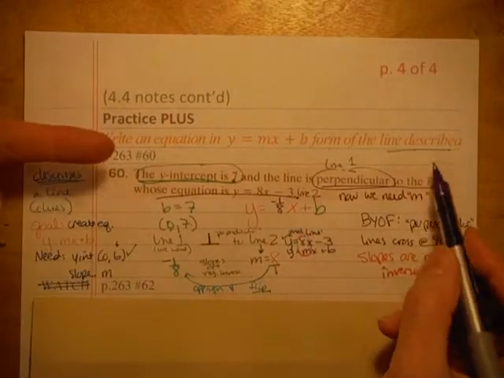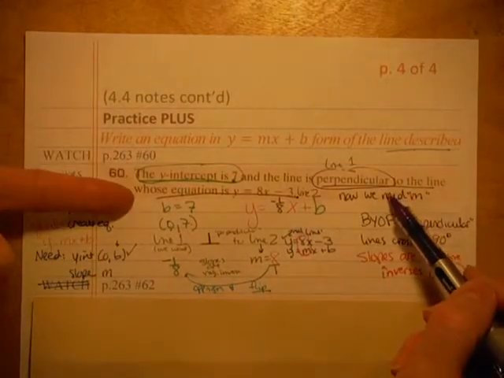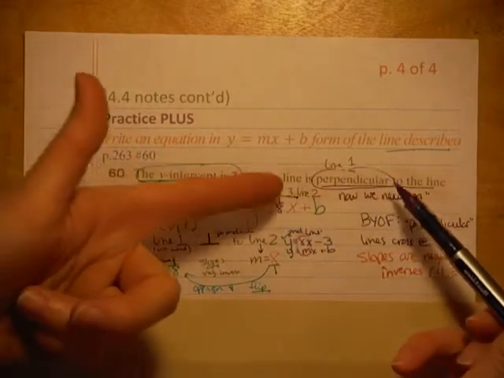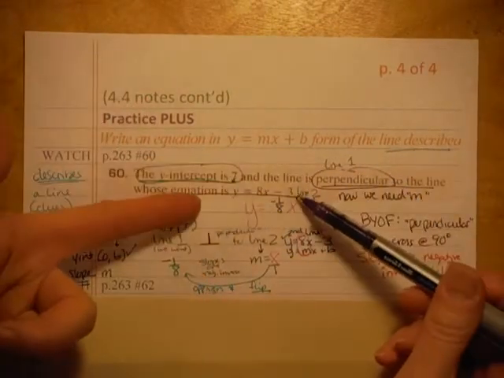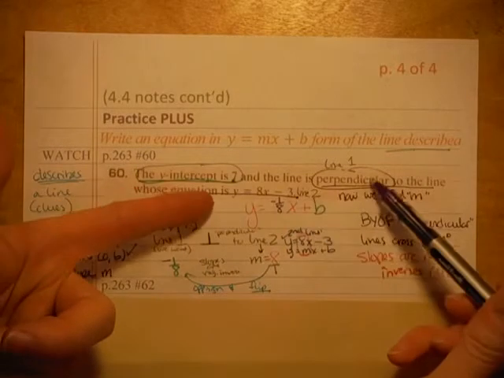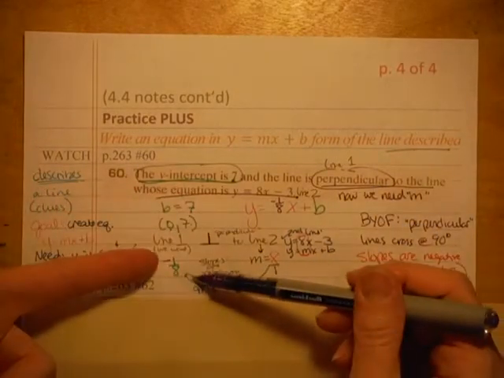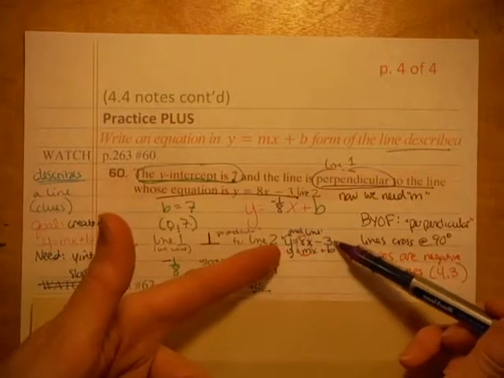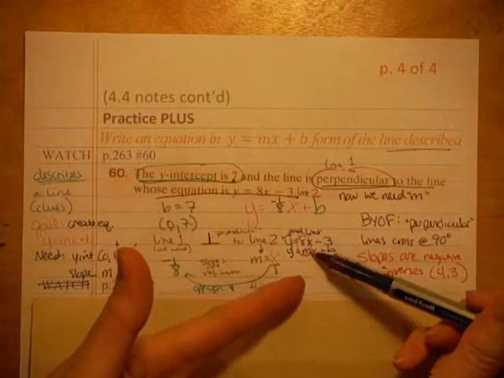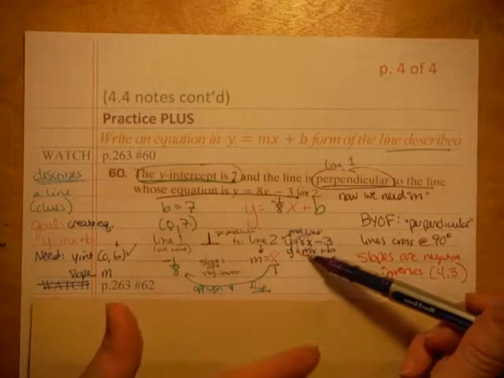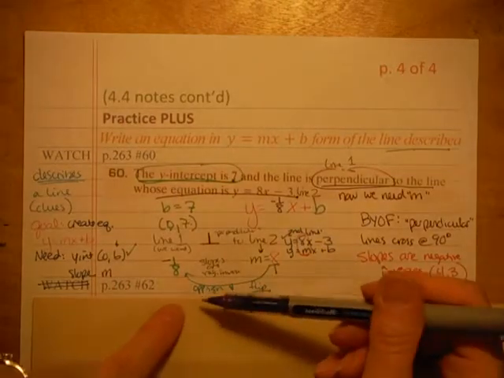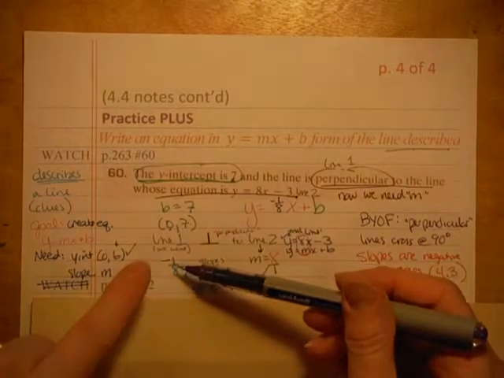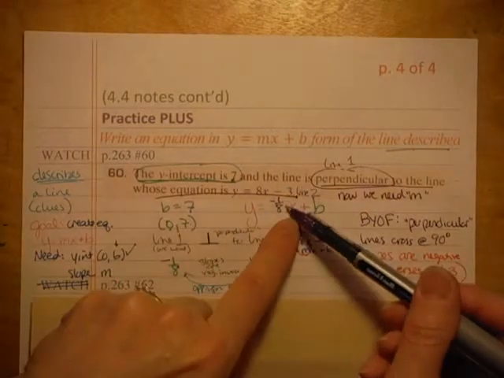Okay? So they gave us some clues. They just gave us the intercept. And then they told us that it was perpendicular to the line. So we took our knowledge of perpendicular, it's a negative inverse slope. We took the line that they gave us that we're comparing to, noticed it was in mx plus b form, took that slope from the number in front of the x, flipped it and gave it the opposite sign, went from 8 over 1 to 1 over 8 and made it negative, and that is our perpendicular slope.